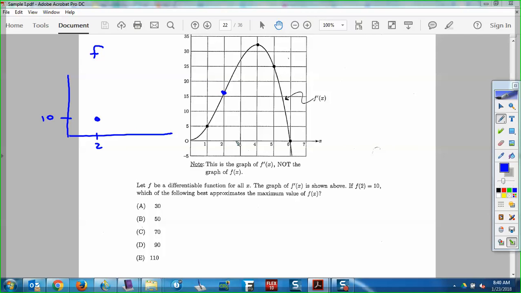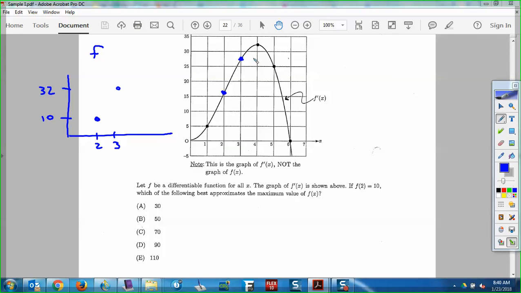Let's say from 2 to 3, it goes from 16 up to 28. What's the average between 16 and 28? About 22. So it went over 1, and averaged about 22, so when it went over to 3, it went up 22. So now we're at 32. You see my rationale for that?